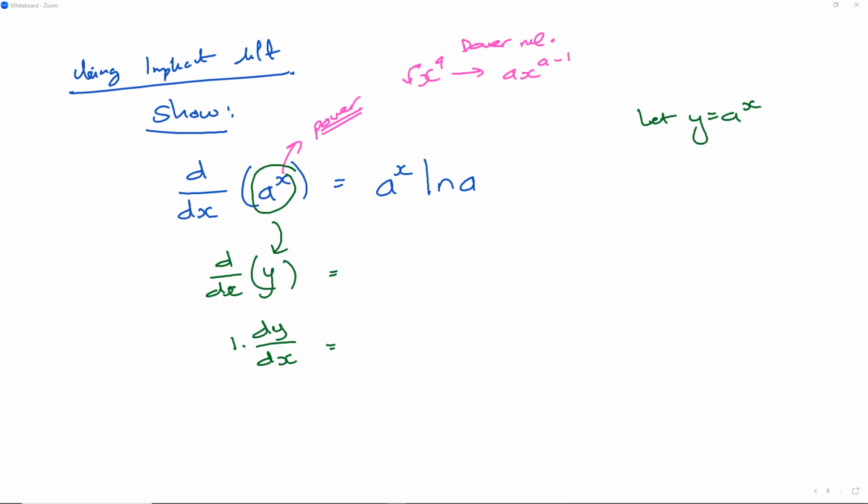If I look at the right-hand side, I see that a to the power of x is here as well, which means that this can be y. So I can rewrite this as y ln a.